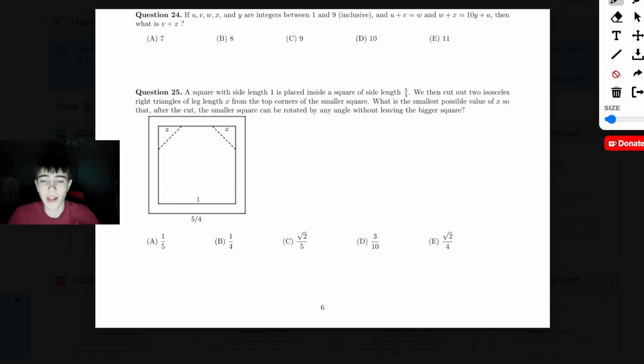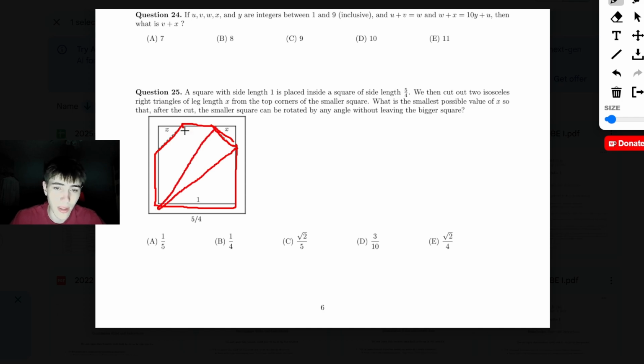So we want to cut it enough so that there's never going to be a length that we can draw inside this shape greater than 5/4. And no matter what you do to this, the longest length that you can draw is going to be one of these, right? And they're all the same length, from an opposing corner to one of the newly made corners, right?